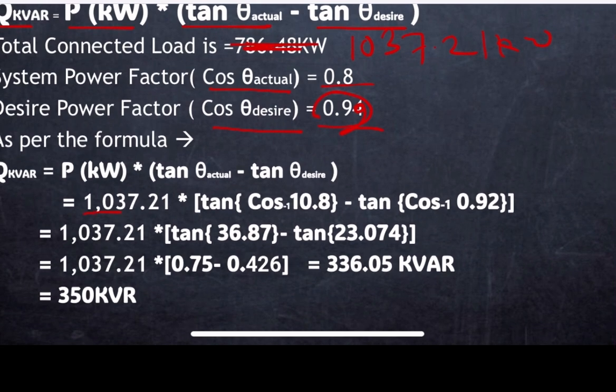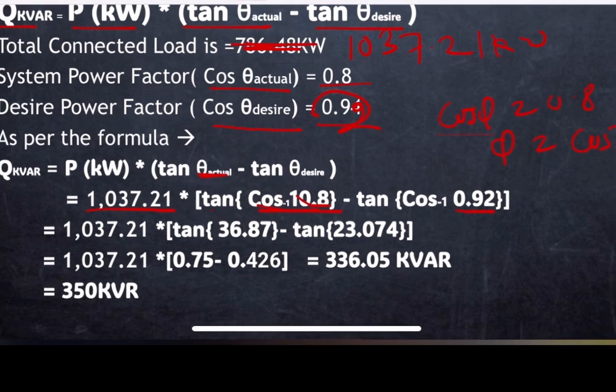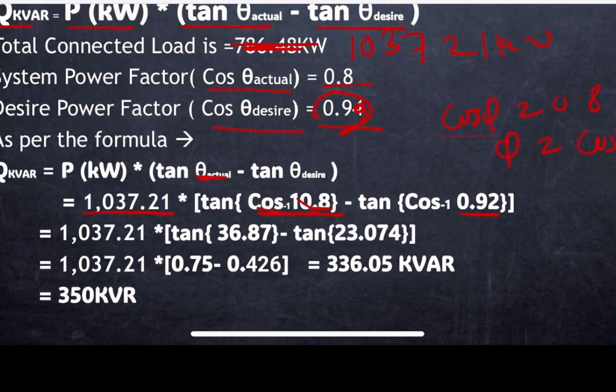So the total connected load is 1037.21 times tan theta. If cos theta is 0.8, then theta is cos inverse 0.8. So in place of theta I mention cos inverse 0.8 and cos inverse 0.92. When you do the numerical calculation, you get the kVAR rating for the capacitor.